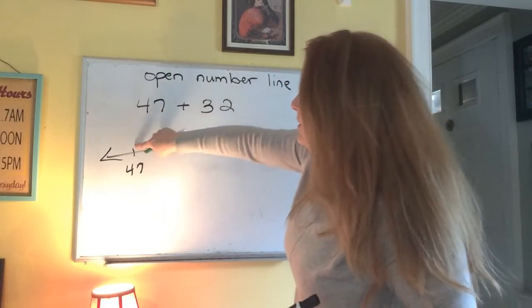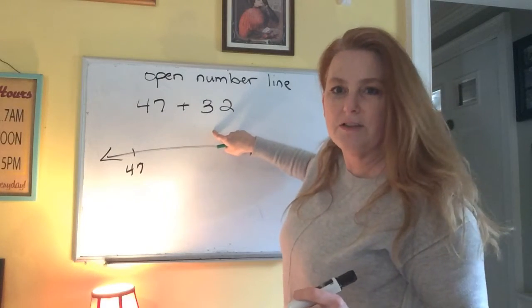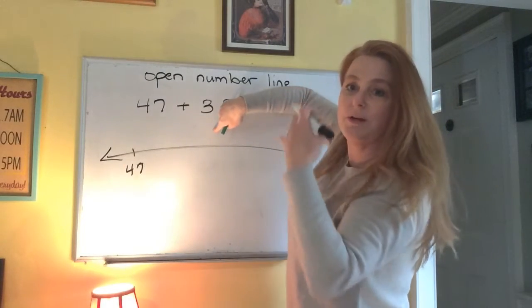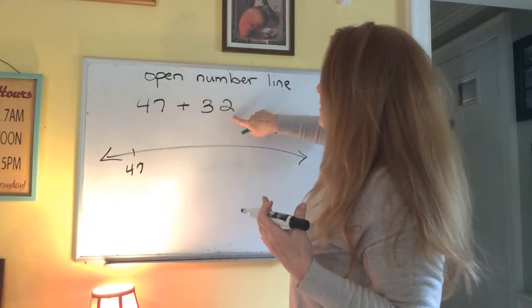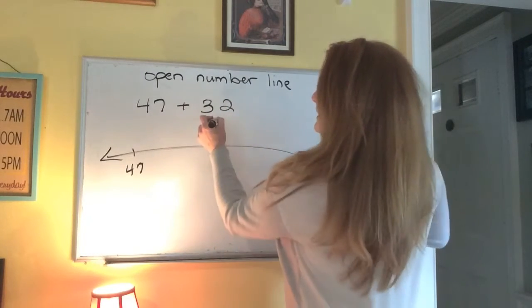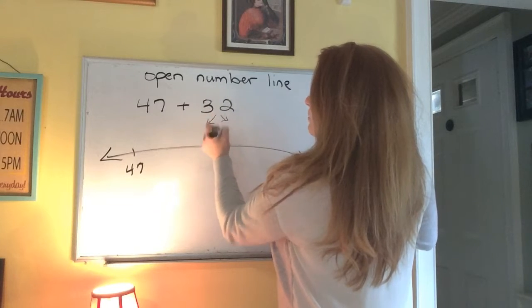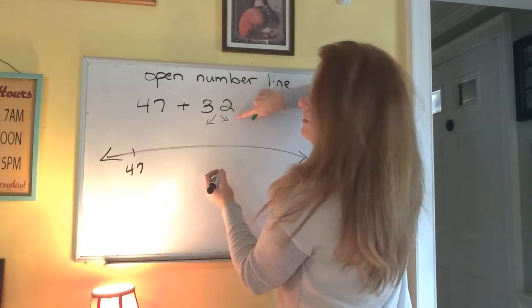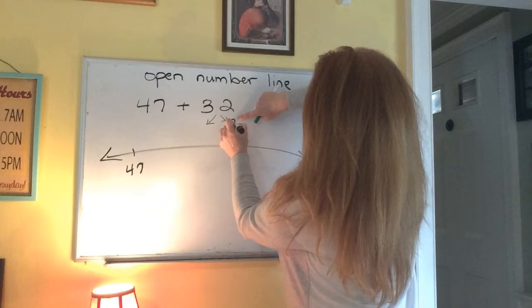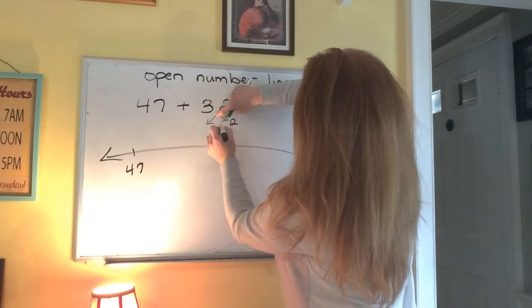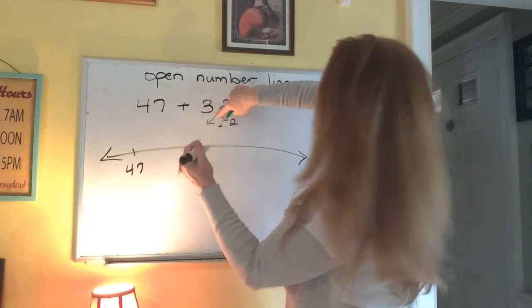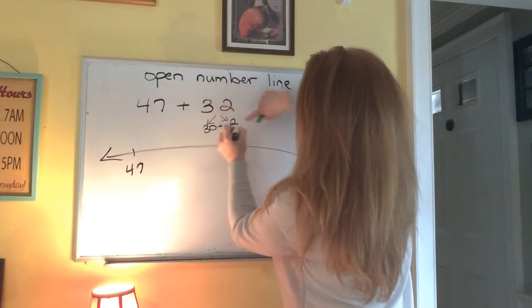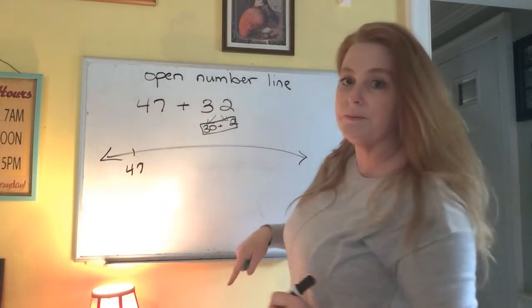This time I'm not going to just draw a big jump and write 32. I'm going to break that down, and this is where knowing your place value and what those digits are worth comes in handy. We're going to break this down into the tens and the ones, and we know that 2 in the ones place is worth 2. And we know that 3 in the tens place is worth 10, 20, 30. 3 sets of 10 is 30. That's my 32 broken down.